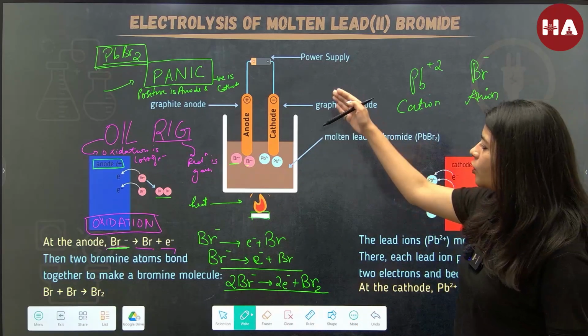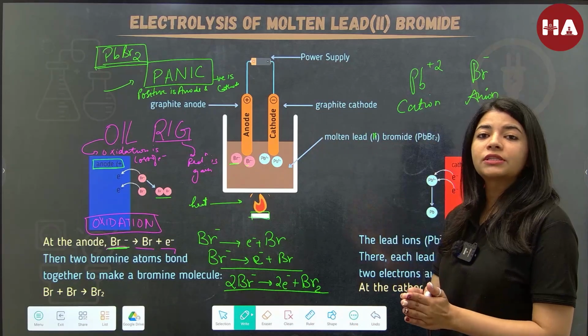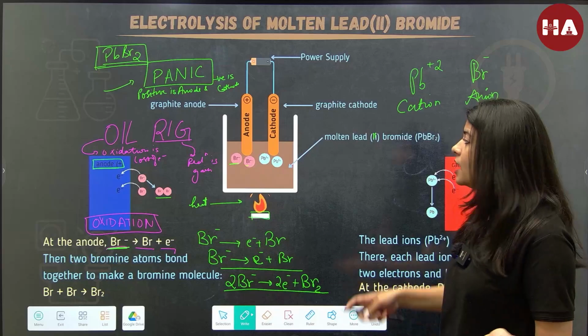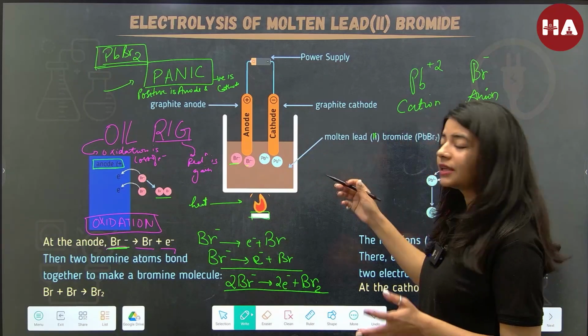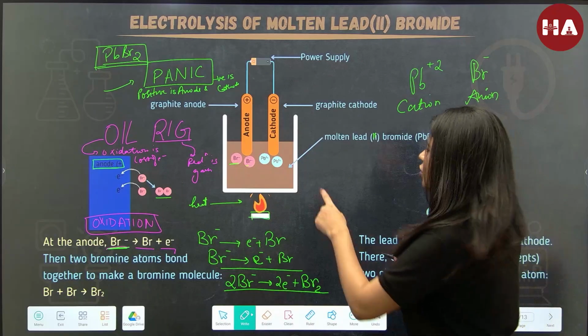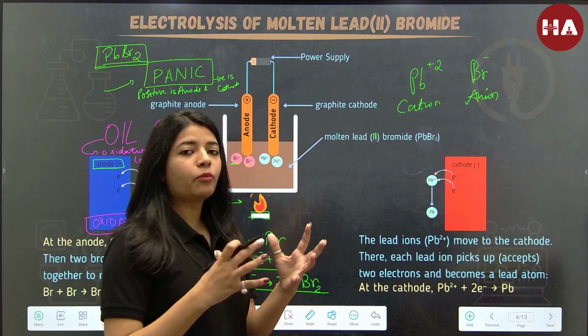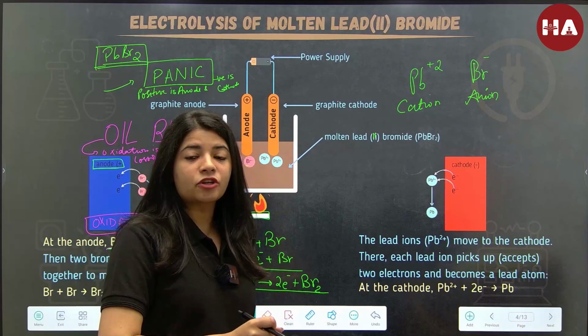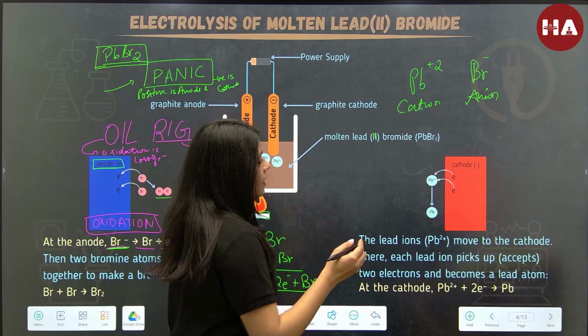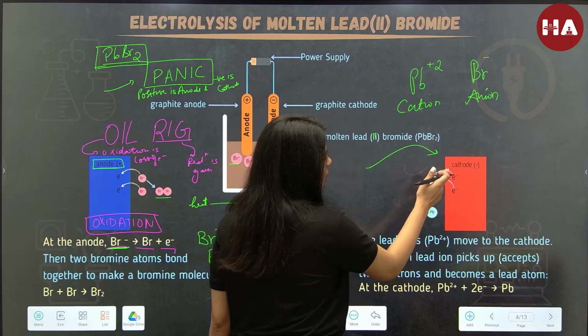Similarly, if we talk about what is happening at cathode, now because cathode is a negatively charged electrode, positive ions will come towards it, and they will gain electrons from it because these positively charged ions are electron deficient. They need electrons to get neutralized, right? So what is happening? Look at this diagram. This is important.